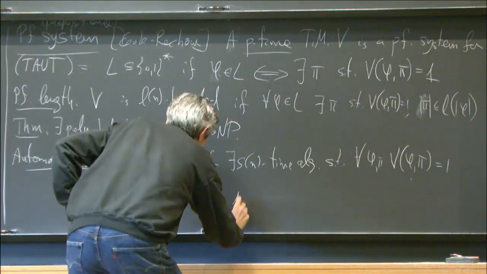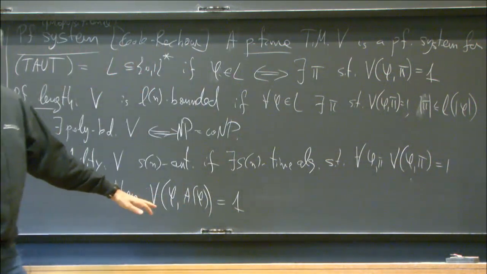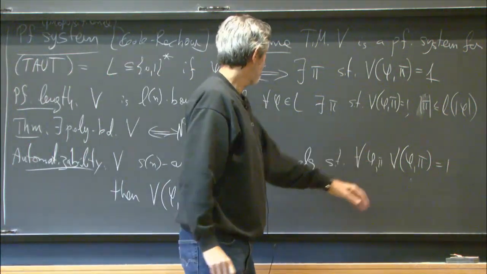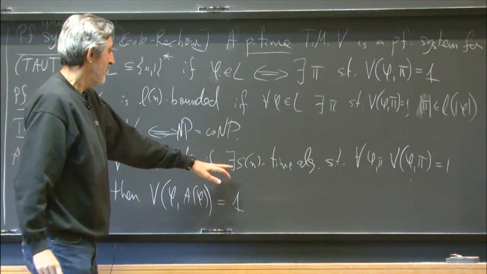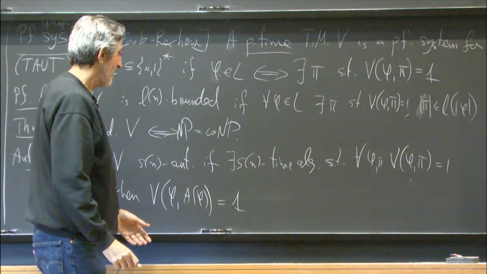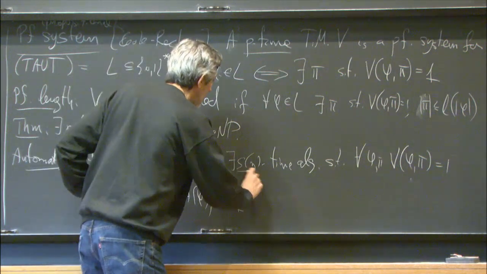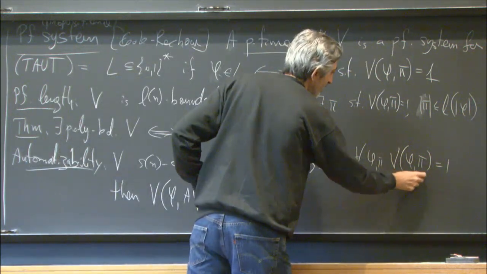So A can produce a proof, and the running time is bounded by, I should say, algorithm A runs in time S in this total proof length.